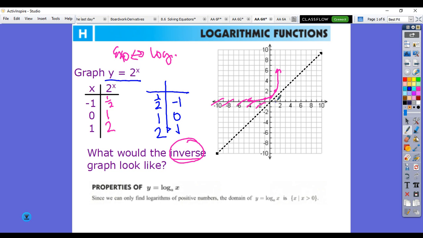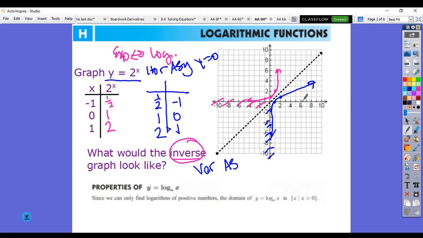So let's think about, and if everything just flips, for the exponential function there is a horizontal asymptote at y equals 0. If we're switching the x and the y, doesn't it make sense the inverse would have a vertical asymptote along the y-axis? So it flips this way.